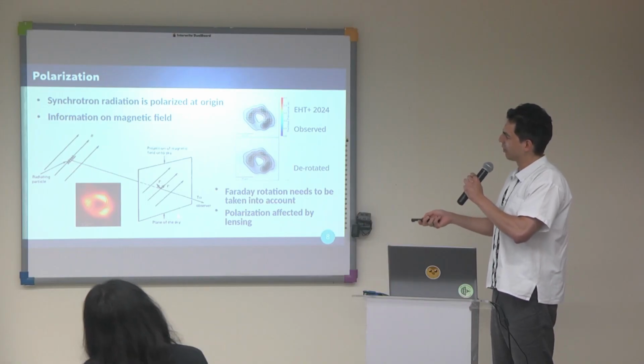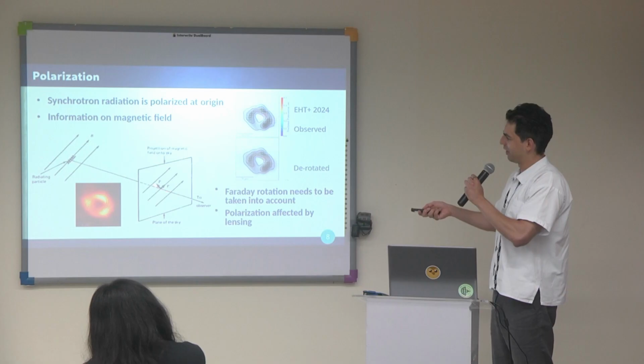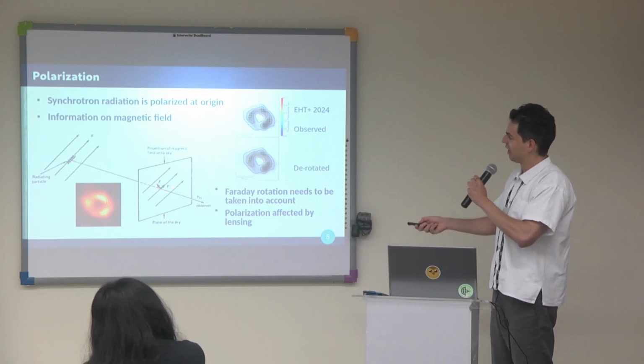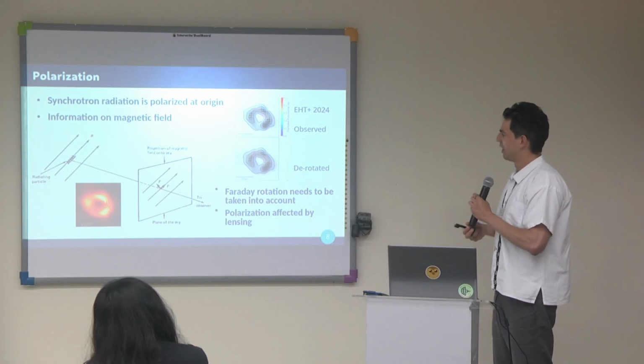So in general, we can expect that if we project on the sky the polarization angle, the polarization vector of radiation, this will be orthogonal to the projected direction of the magnetic field.